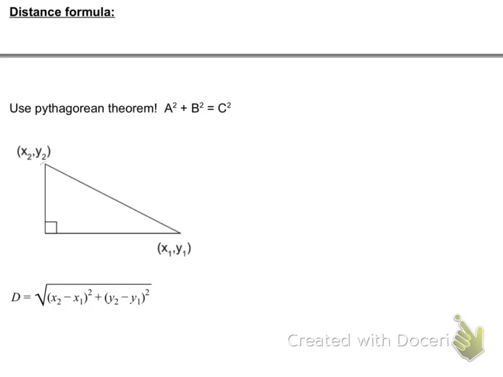So it would not matter if I went from point 1 to point 2 or from point 2 to point 1, correct? I'm going to go from point 1 to point 2: final minus the initial.